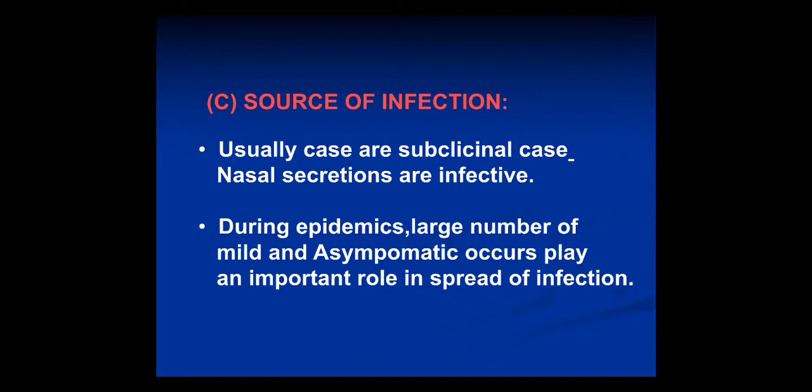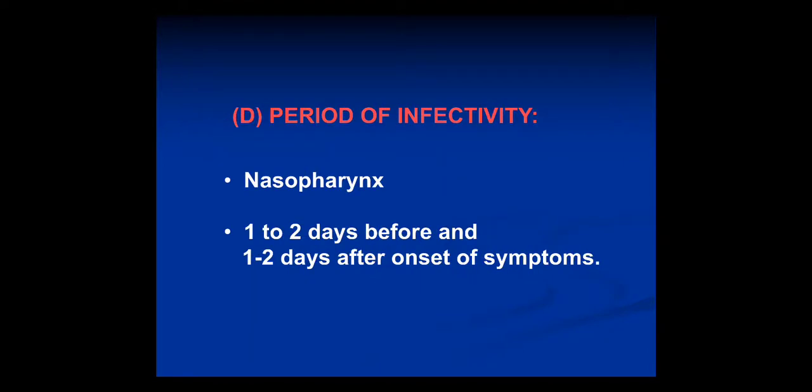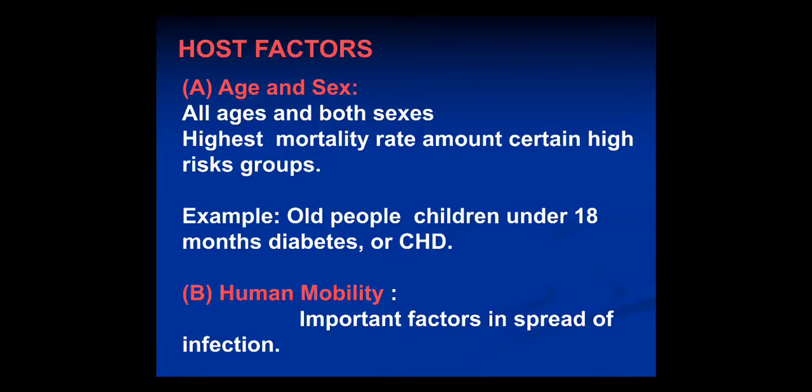During an epidemic, a large number of mild and asymptomatic cases occur and play an important role in the spread of these infections. Coming to the period of infectivity, the nasopharynx is where it enters, 1 to 2 days before and 1 to 2 days after the onset of symptoms, where it causes infections to others.